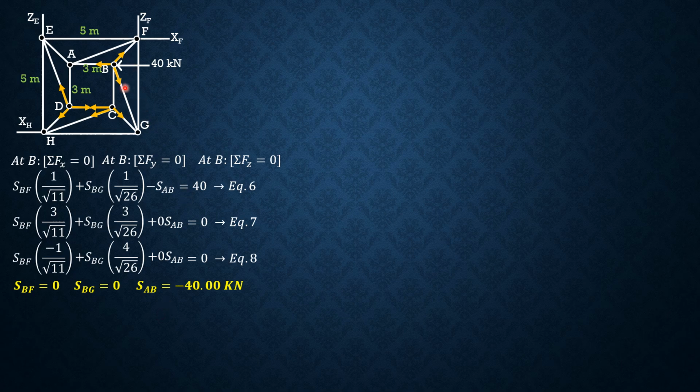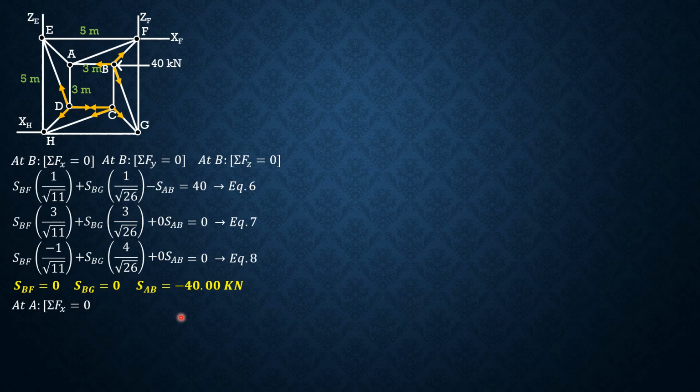That is, if two forces, or because BC is 0, and we have two forces BF and BG that are 0, then the other two forces will only be 0 if they are not collinear. But because they are collinear, that's why they are equal. So that's why AB is negative 40, and we have a force of negative 40 also. So it's obvious from those results. Then we proceed to joint A.